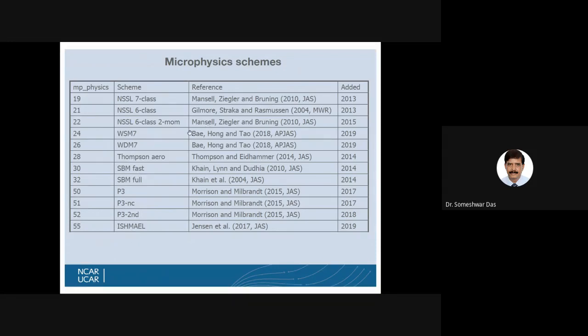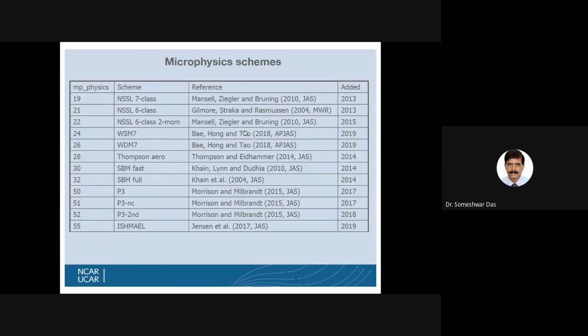Okay. So, I mean, a lot of people have got interest in cloud microphysics research on cloud microphysics parameterization, and therefore so many options are available. Okay, I see that the latest scheme was implemented in 2019, last year. Okay, there was WSM7 and WDM7, developed by Bae, Hong, and Tao.